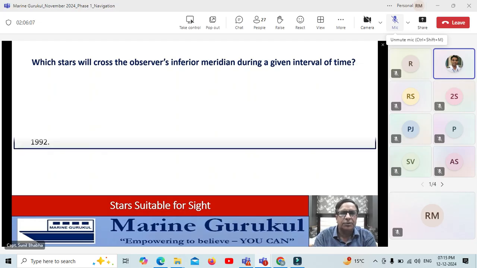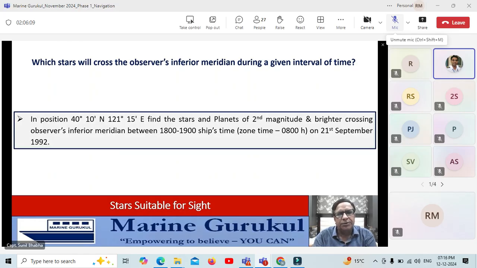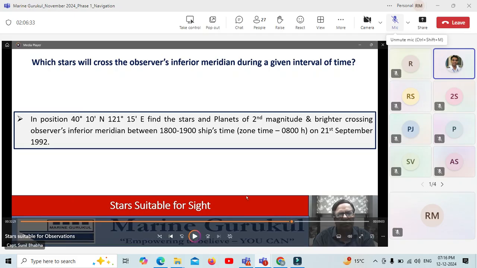Say, for example, this question. In position 40 degrees 10 minutes north, 121 degrees 15 minutes east, find the stars and planets of second magnitude and brighter crossing the observer's inferior meridian between 1800 hours and 1900 hours ship's time, zone time -8 hours, on 21st September 1992.